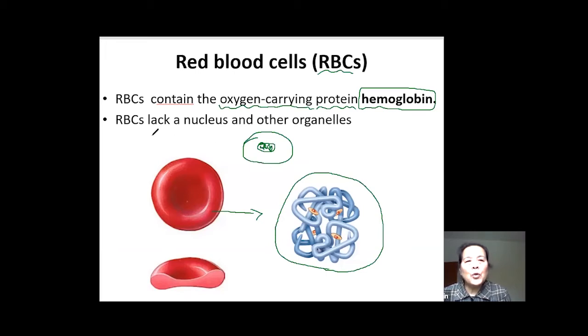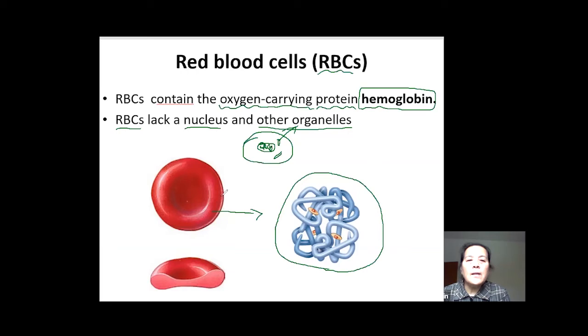But a mature red blood cell doesn't have a nucleus or other organelles, the tiny organs inside the cell.